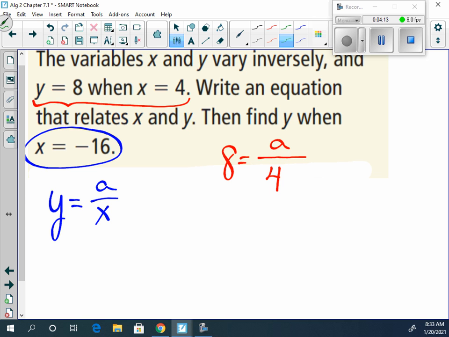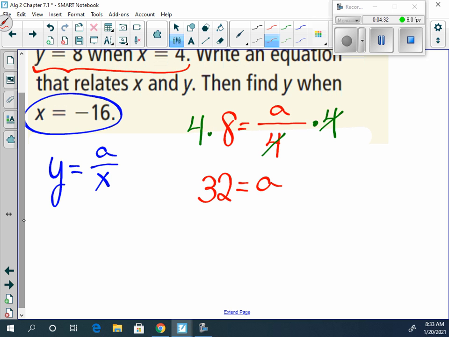And to solve this, we would multiply both sides by 4, because the 4 and 4 would cancel, telling us that a is equal to what? 32. So we found this constant value, which we can plug back into our equation, which would be y is equal to 32 over x.